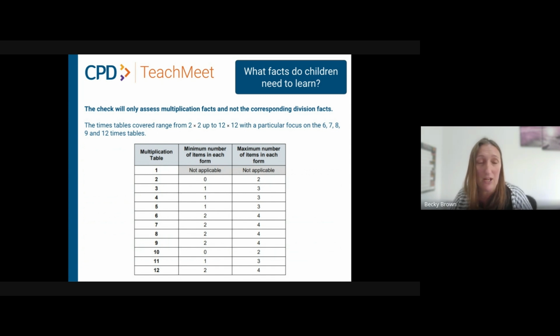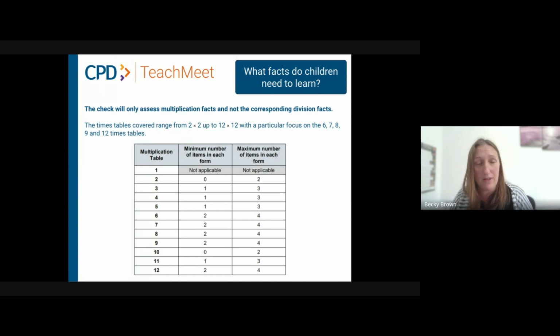So it could be a range from the 2 times table to the 12 times table. But as you can see from the table there, the first column is the minimum number of items for each form. So you can see the 2s and 10s may not appear at all, and you might only get one 3, 4 or 5 times table fact in there.